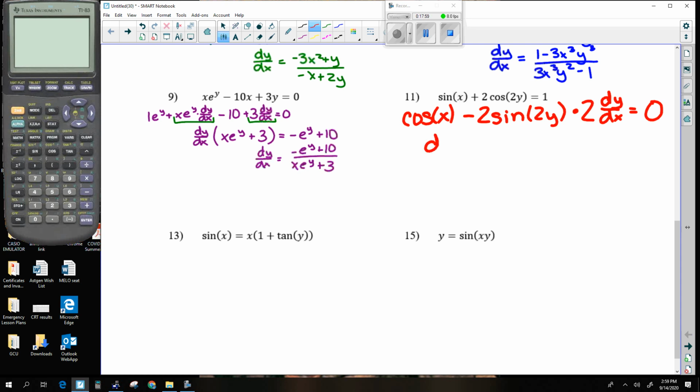So dy dx is saving what? Negative 4 sine 2y. That's going to be equal to negative cosine. Parentheses. Divide off what I don't want.